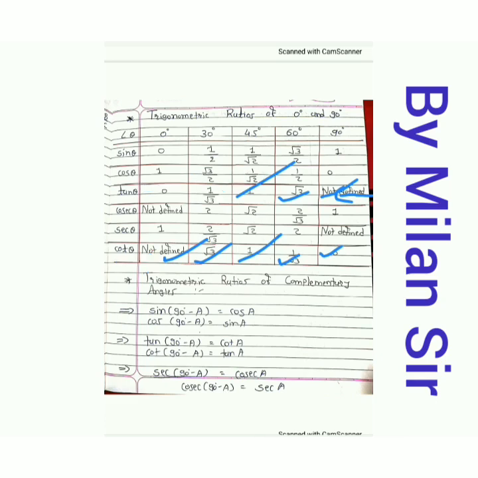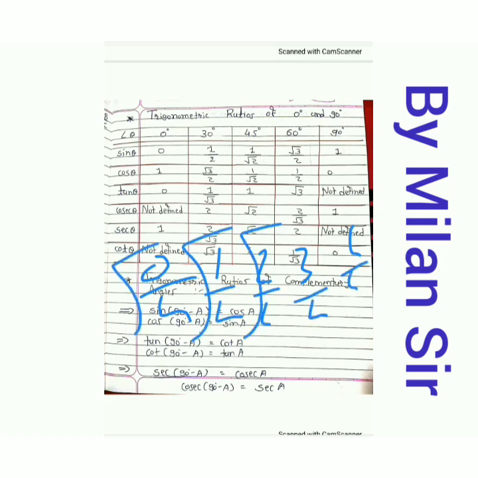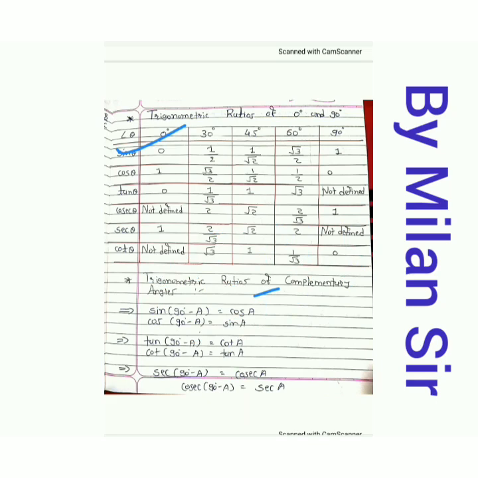Okay, so this is the easiest way. Again for sine theta we need to write 0, 1, 2, 3, 4, and divide by 4, and then take the square root of every number. Okay, so we can get the values of sine theta. Now if we reverse the order of sine theta, we can get our cos theta. Now for tan theta, use the formula sine theta upon cos theta.